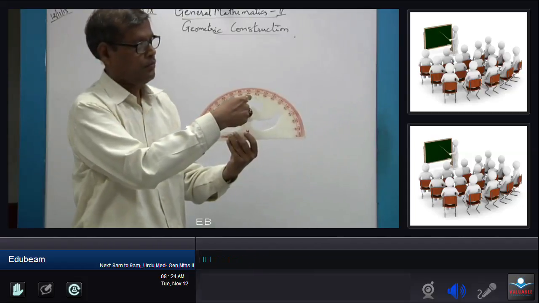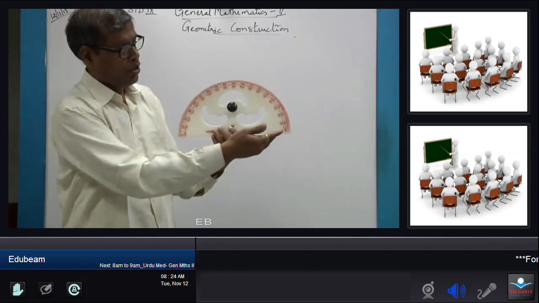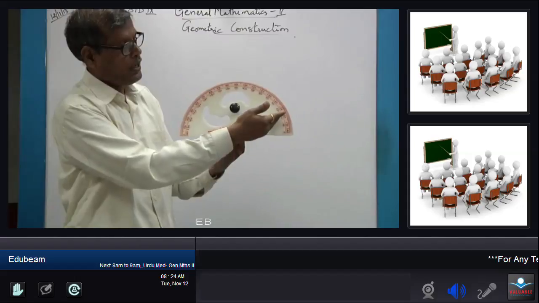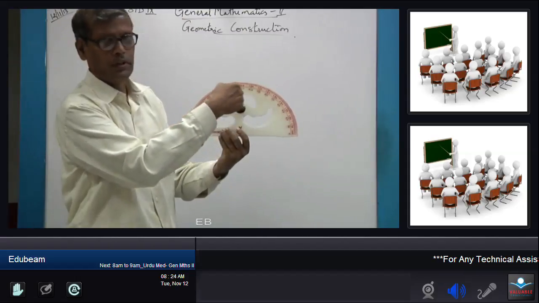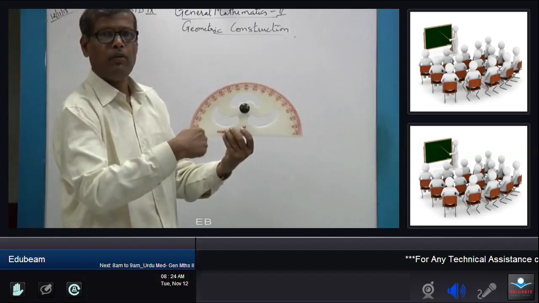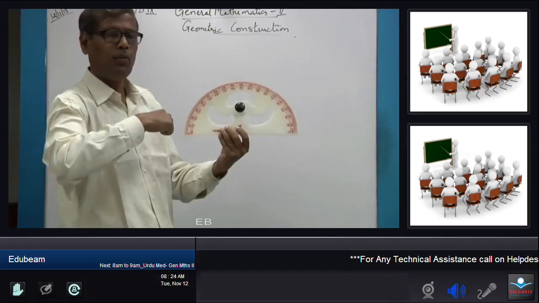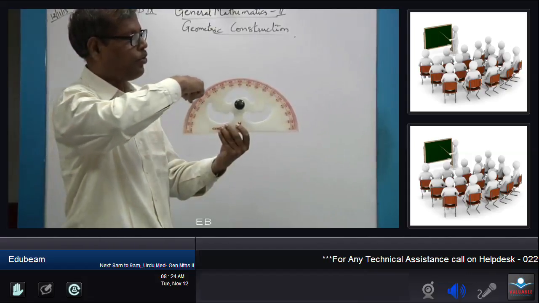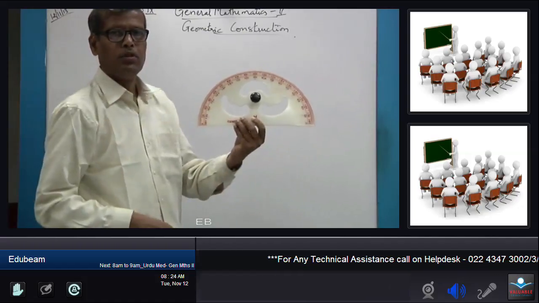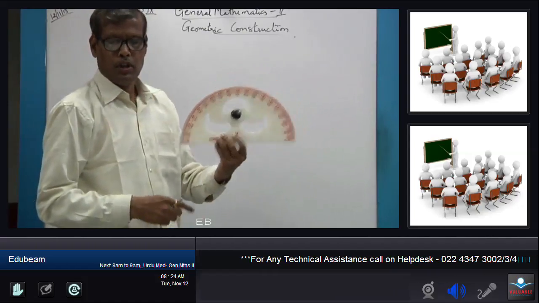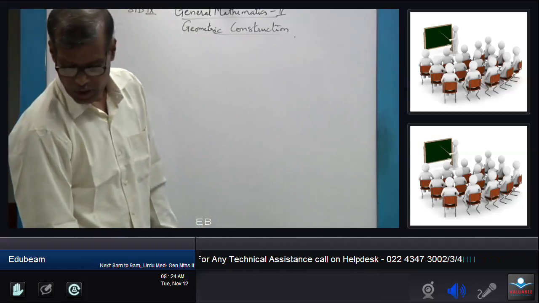Draw angle ABC equal to 60 degree. Q: angle ABC equal to 90 degree. Angle ABC is equal to 120 degree.